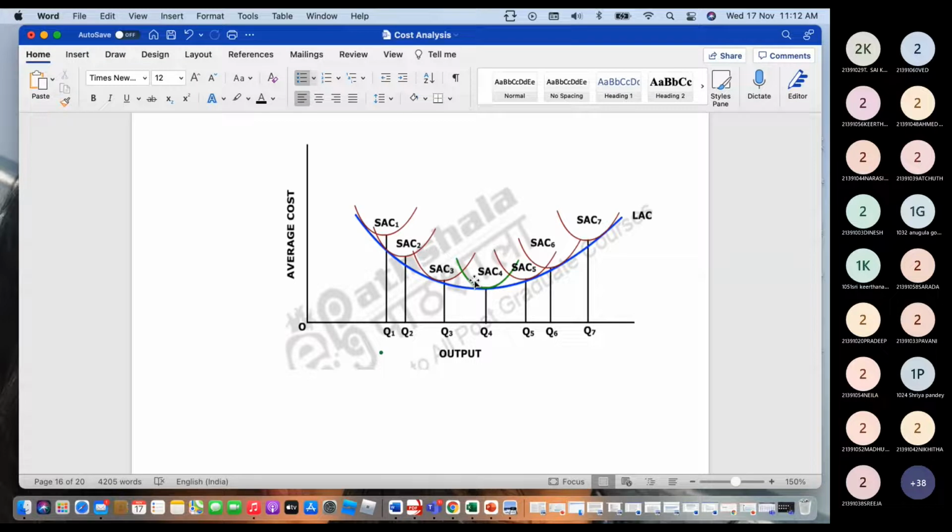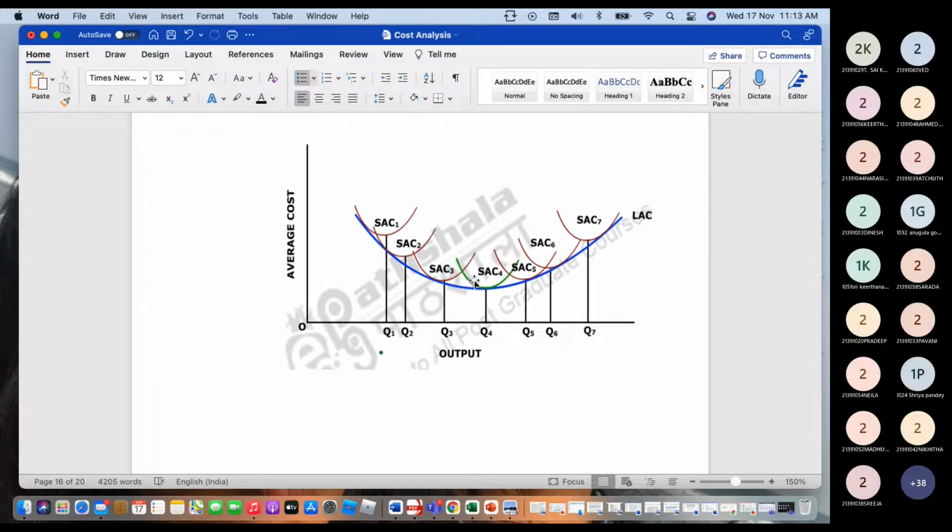And the cost is going to be minimum where the economies and diseconomies of scale are equal to each other, which means that the advantages and disadvantages of large scale production will cancel out each other so that the cost of production is going to be minimum.